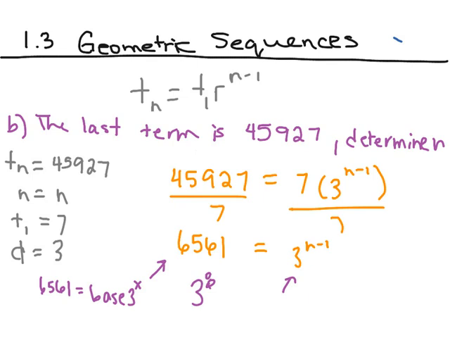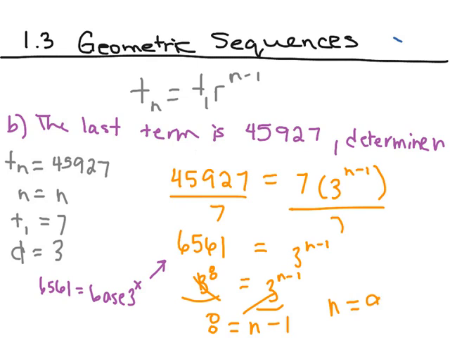So now we have 3 to the power of 8 is equal to 3 to the power of n minus 1. Now that our bases are the same, we can cancel them out and just solve for our exponents. So 8 is equal to n minus 1. Add 1 to both sides, so n is equal to 9.